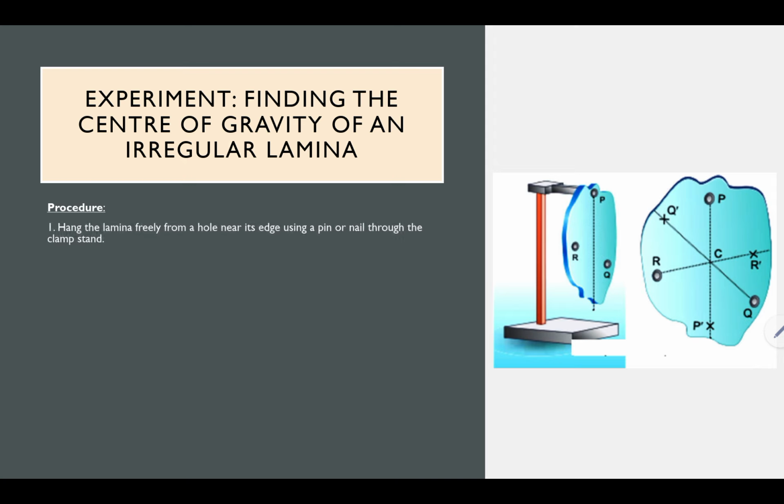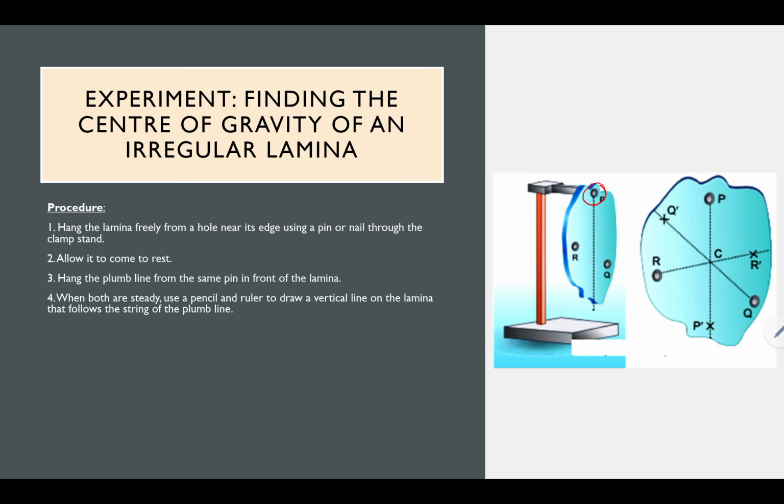Number 1, you're going to hang the lamina freely from a hole near its edge using a pin or nail through the clamp stand, as you can see here. Of course, you're going to have to wait until it's completely at rest. And then you're going to hang the plumb line from the same pin in front of the lamina, pointing downwards.